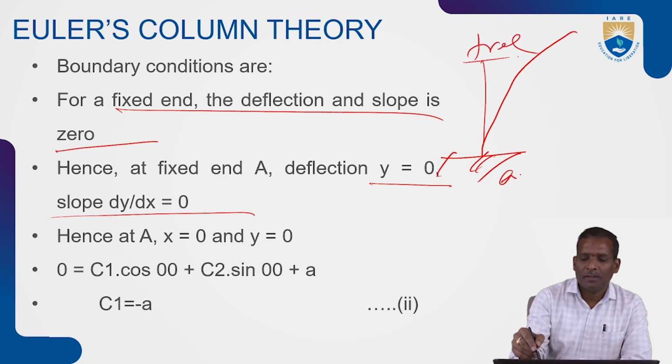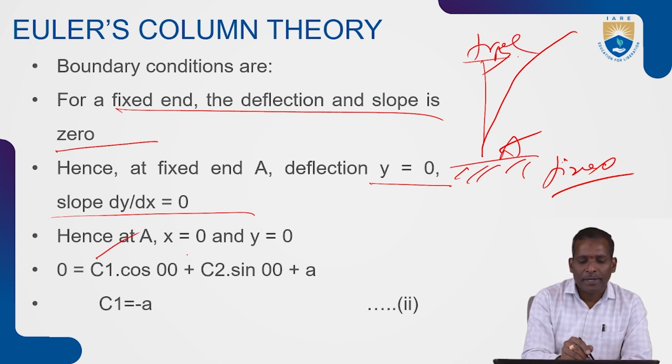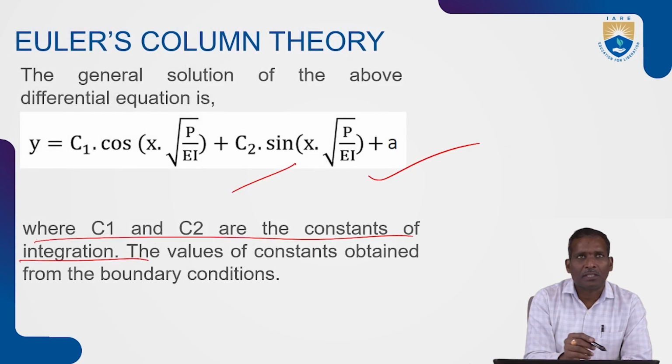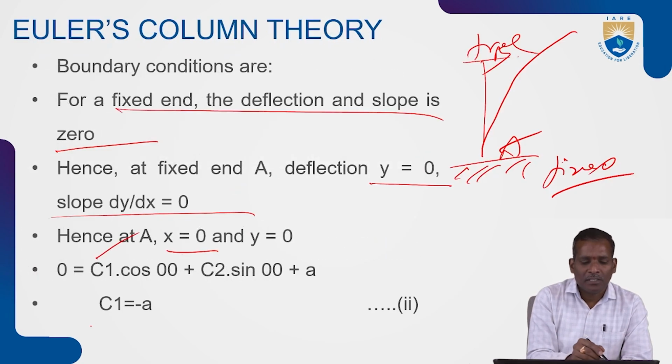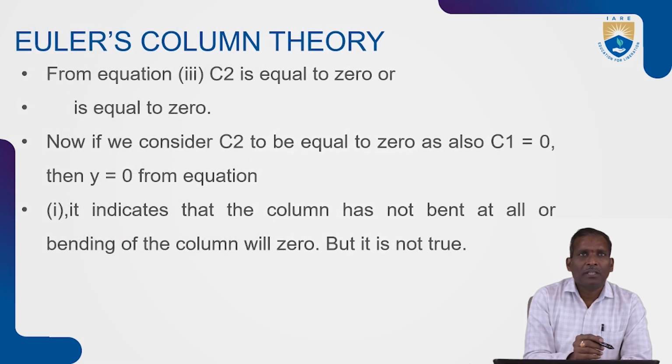At A and B, deflection is 0 and slope is also 0. So at point A, x is equal to 0 and y is equal to 0. Substituting in the previous equation, we get C1 is equal to minus a.